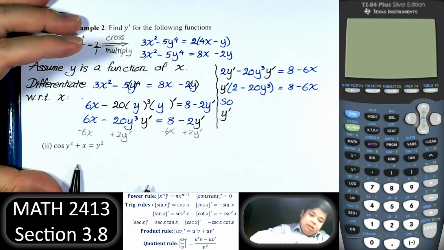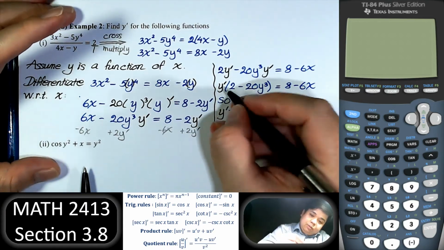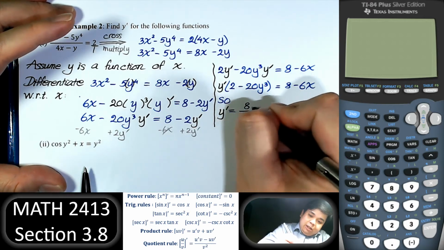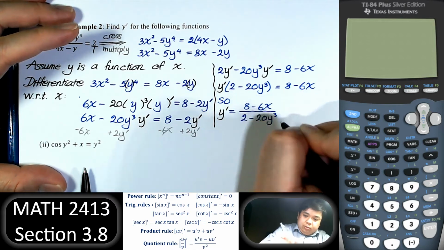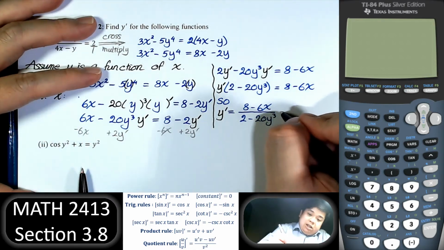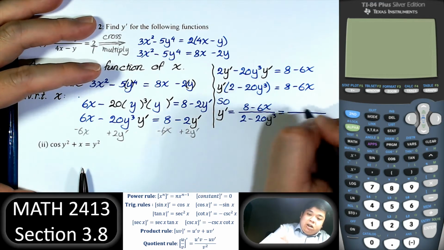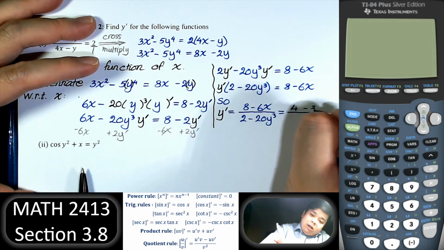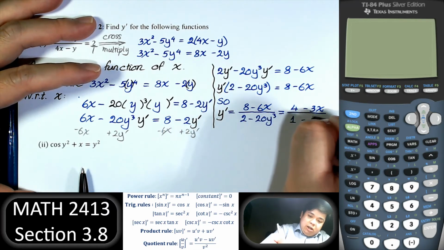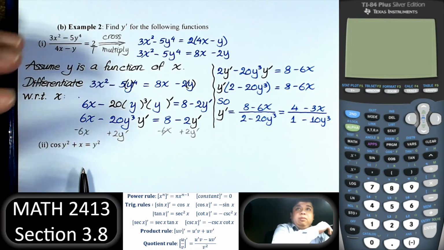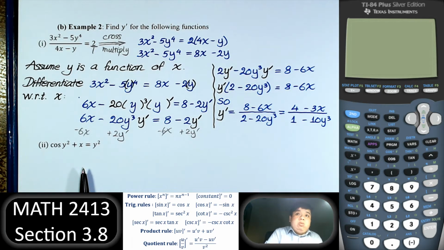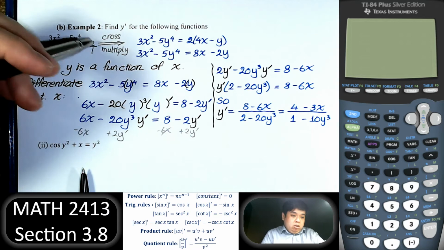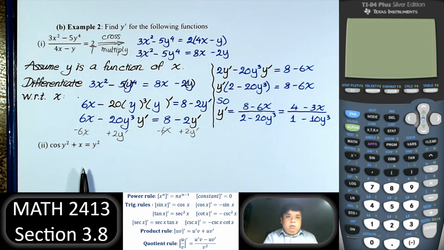So y prime is equal to 8 minus 6x over 2 minus 20y cubed. Of course, like I said, we can simplify, divide everything by 2. 4 minus 3x over 1 minus 10y cubed. Right, so just like the previous problem, if we can simplify the problem, do that. That helps us. The derivative of this is a lot easier than using the quotient rule. Right, so that's what we have.